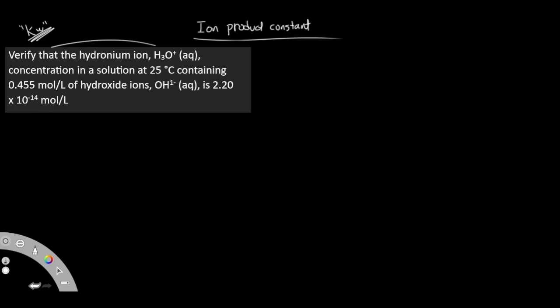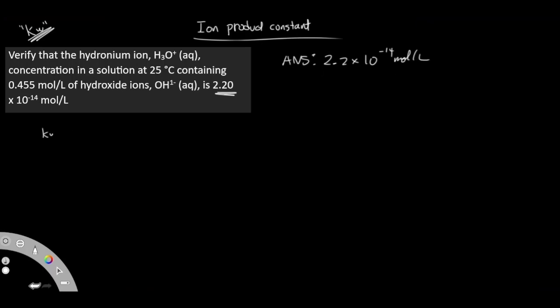Makes sense. Next: verify that the hydronium ion concentration of a solution at 25 degrees containing this many hydroxide ions is actually this value. We know that our answer is supposed to be 2.2 times 10 to the negative 14. Let's see if it works out.